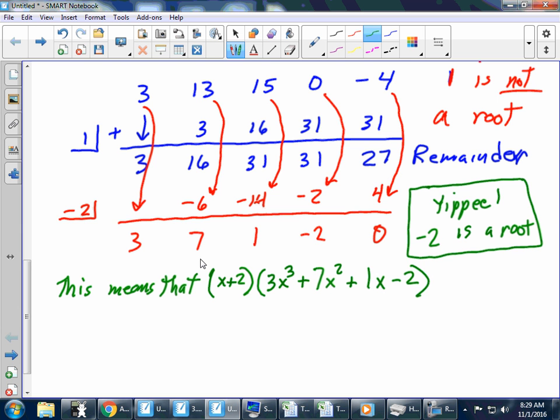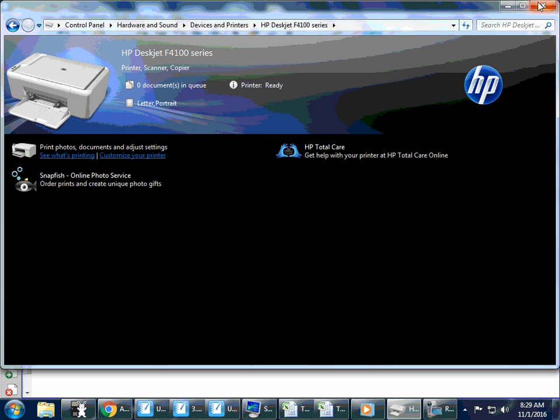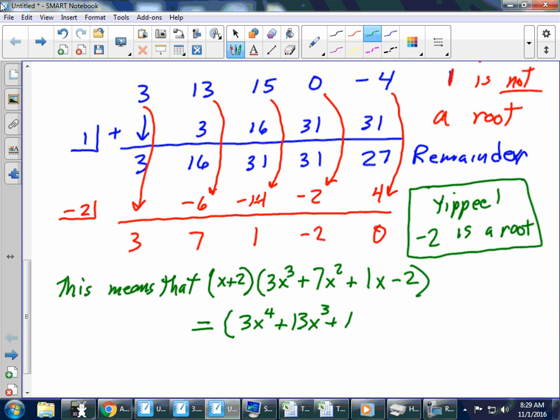If you multiply those two together, you get 3x to the fourth, plus 13x cubed, plus 15x squared, minus 4.